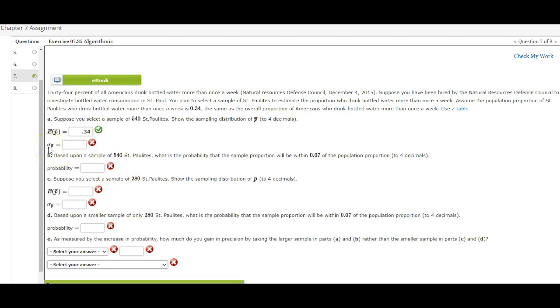The next part of the problem is sigma sub p-bar, which some people refer to as the standard deviation of p-bar, but it's also referred to as the standard error of p-bar, the sampling proportion.